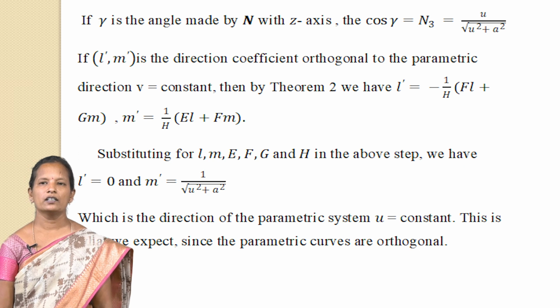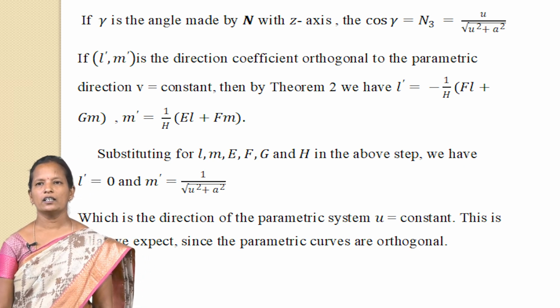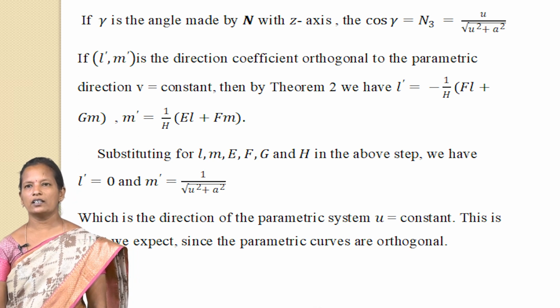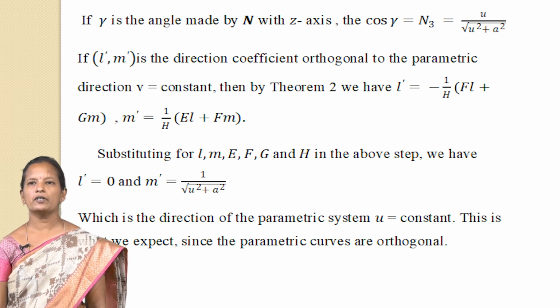If L dash, M dash are the direction coefficients orthogonal to the parametric direction V equal to constant, then by the second theorem we just discussed, L dash is equal to minus 1 by H into FL plus GM, and M dash is equal to 1 by H into EL plus FM.